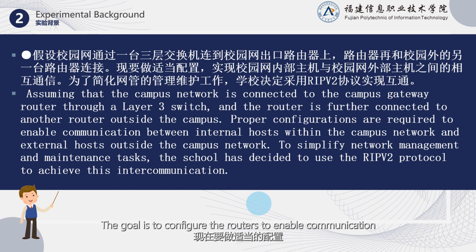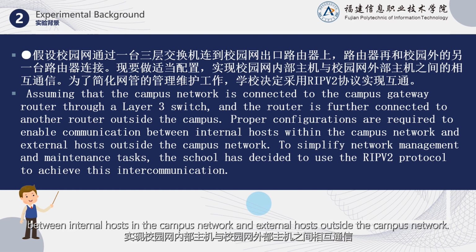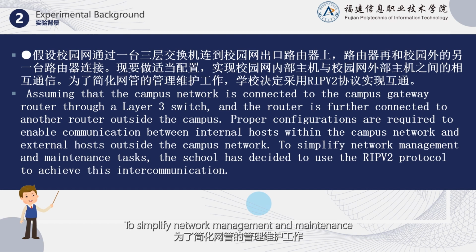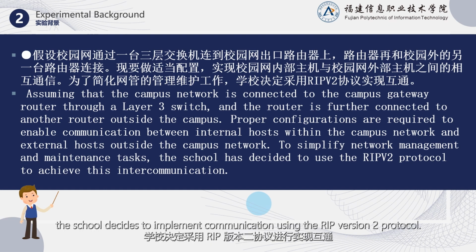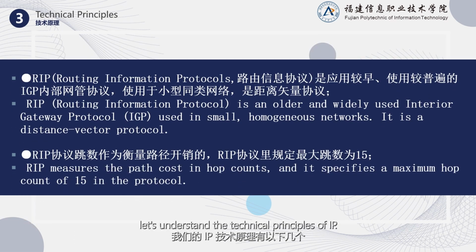The goal is to configure the routers to enable communication between internal hosts in the campus network and external hosts outside the campus network. To simplify network management and maintenance, the school decides to implement communication using the RIP version 2 protocol. Now, let's understand the technical principles of RIP.